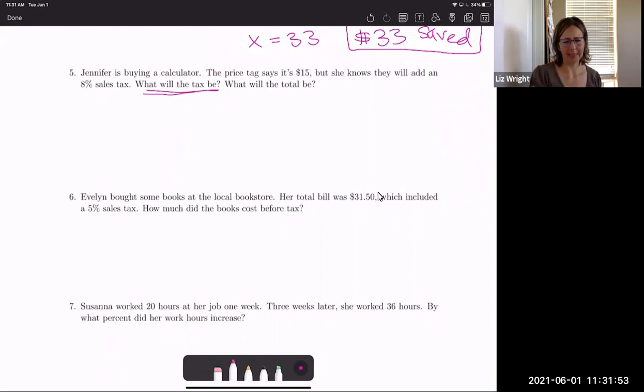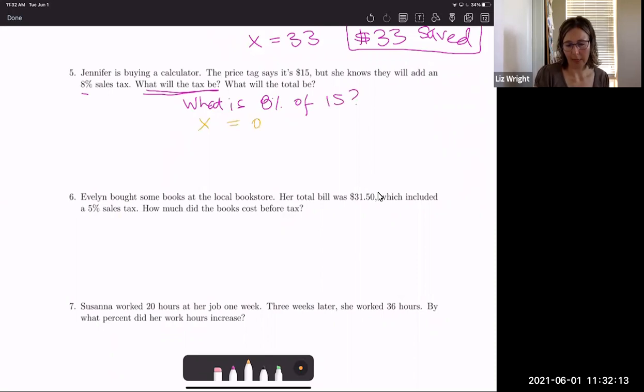So we're not asking like, oh, it's 8%. Well, what is? So here's our question. What is 8% of 15?